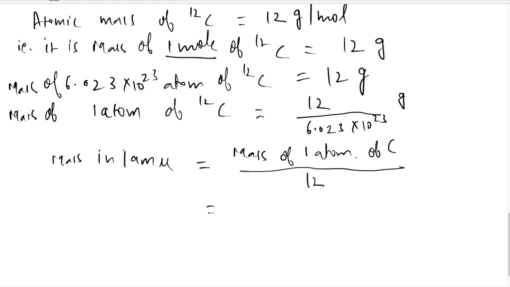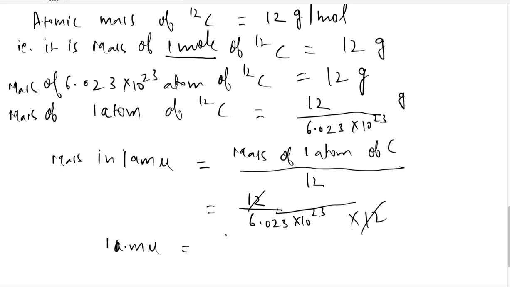This is the mass of 1 atom of carbon, so I put it here: 12 divided by 6.023 × 10^23, and this 12. So 12 cancels out. So 1 AMU is nothing but 1 by 6.023 × 10^23, or you can say 1 over Na.